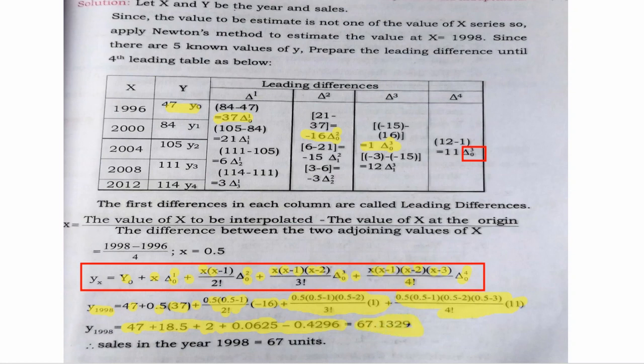It is 67.1329. Therefore we can conclude that sales for the year 1998 is 67 units. That is the conclusion, and this is the problem.